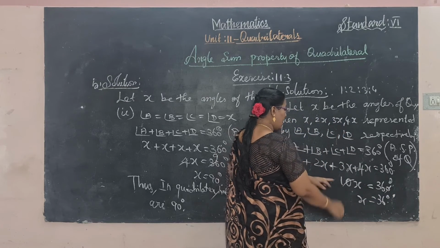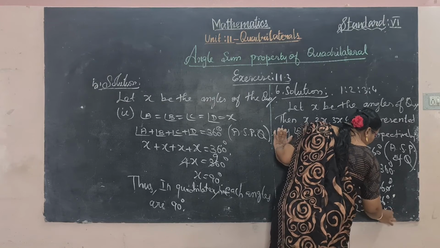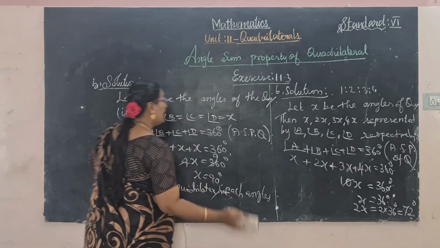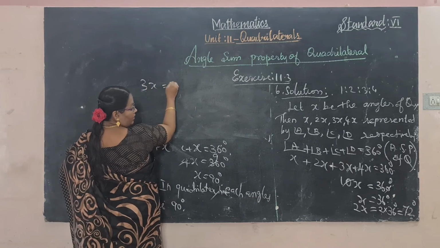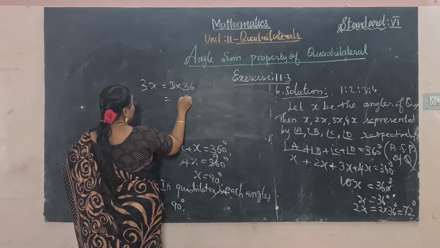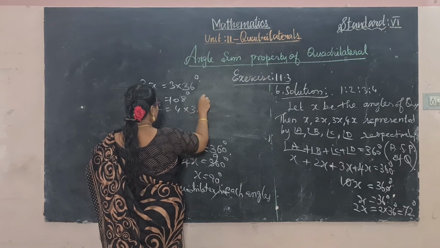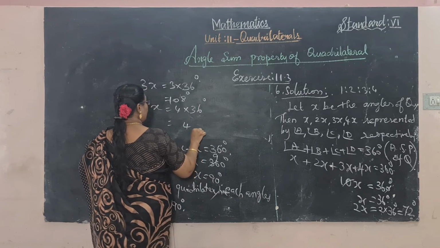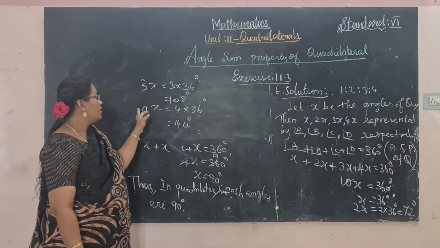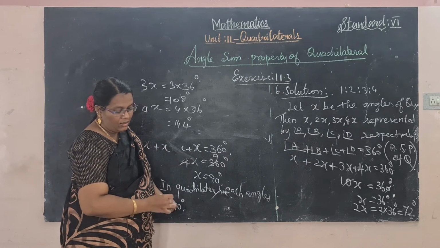The first angle is 36 degrees. Now the second angle: 2x is 2 times 36, which equals 72 degrees. Then 3x is 3 times 36, which is 108 degrees, and 4x is 4 times 36, which is 144 degrees. The sum of these four angles is 360 degrees.